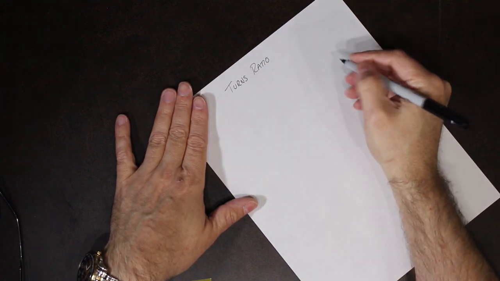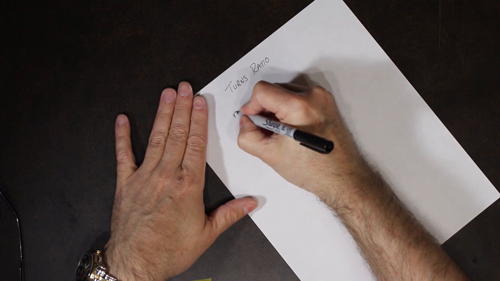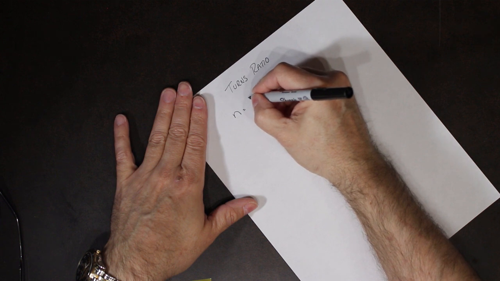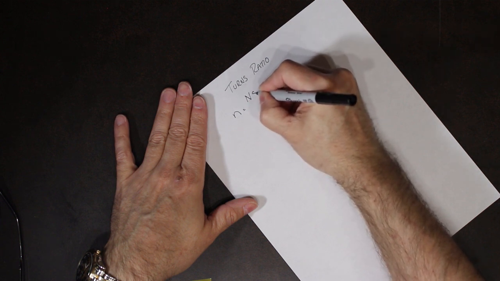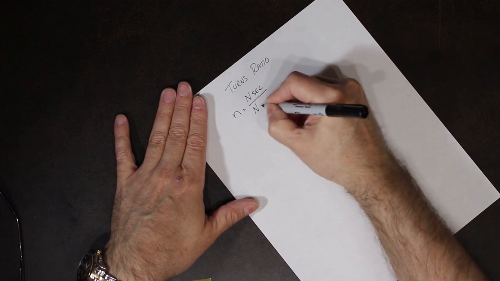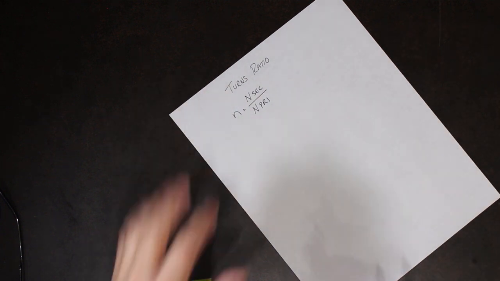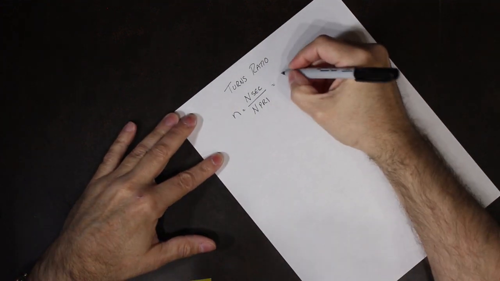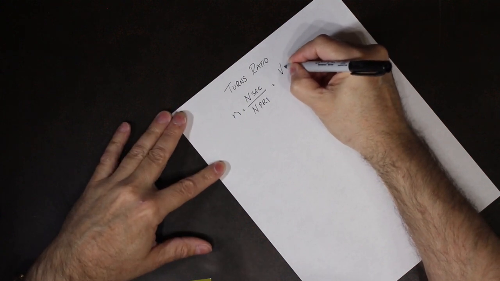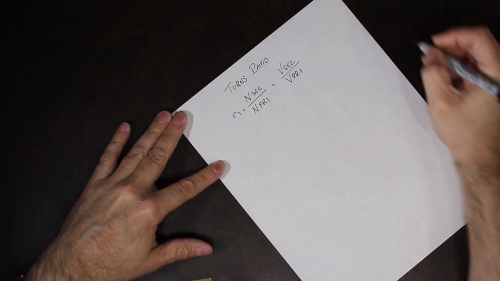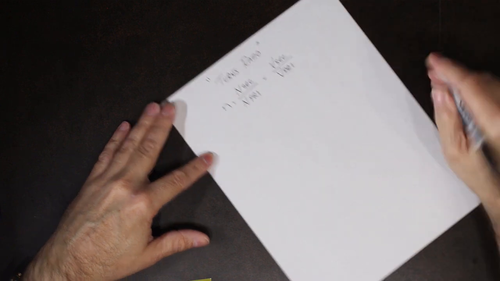The turns ratio is denoted by the letter N. Basically, the turns ratio says that the number of turns on the secondary divided by the number of turns on the primary gives you the turns ratio. Again, that is denoted by the letter N. That also translates into the voltage on the secondary divided by the voltage on the primary. So that is the turns ratio.